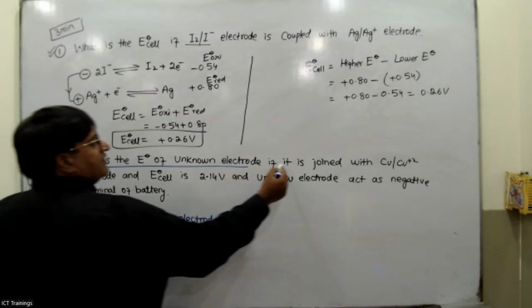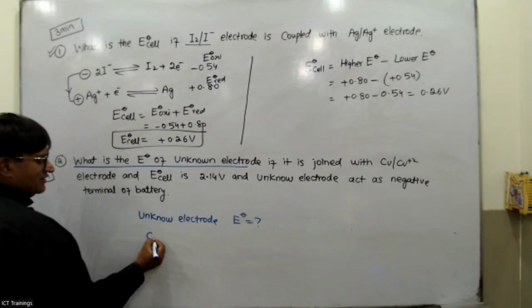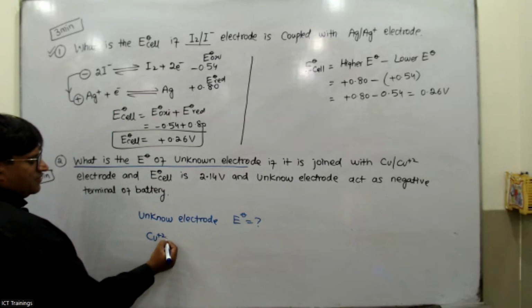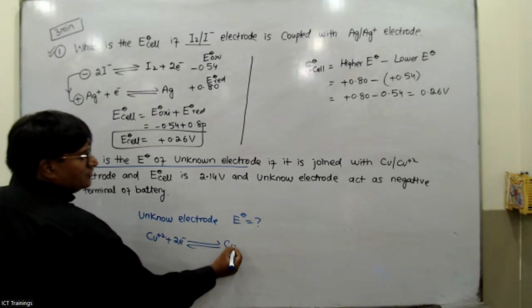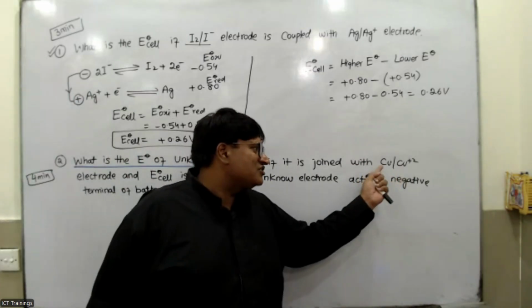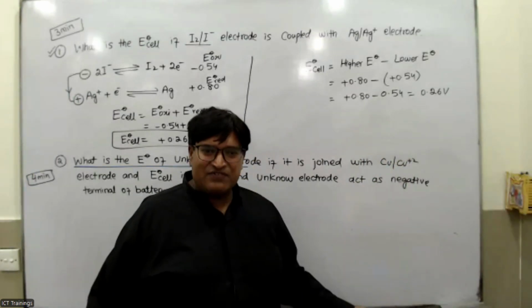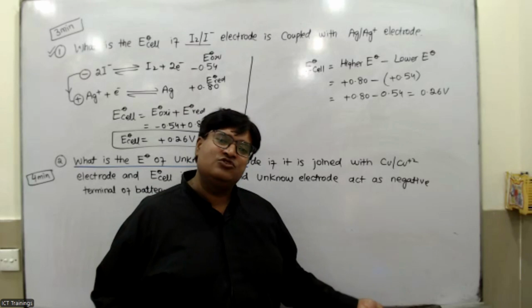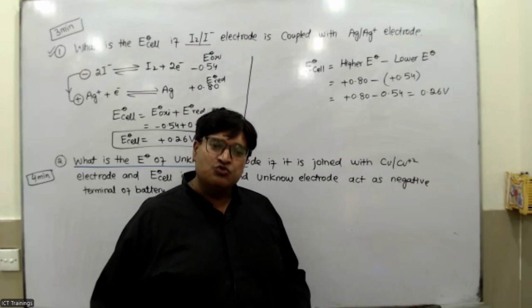It is joined with Cu and Cu plus 2, so let's take the value from the data booklet. Cu plus 2 plus 2 electrons forms Cu. You only have to choose the equation from the data booklet in which Cu and Cu plus 2 are present. There are many equations in which Cu plus 2 and Cu plus 1 are present, and in some equations Cu plus 1 and Cu are present.